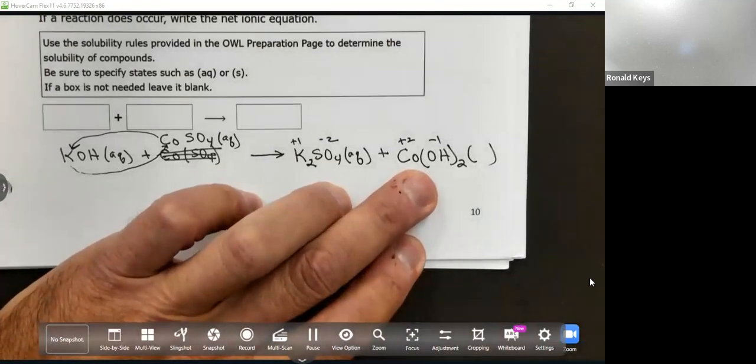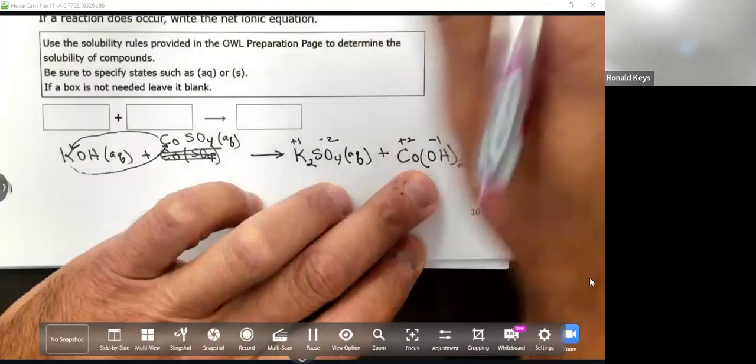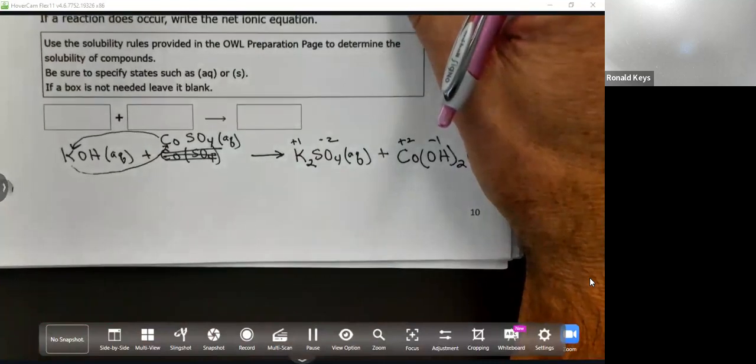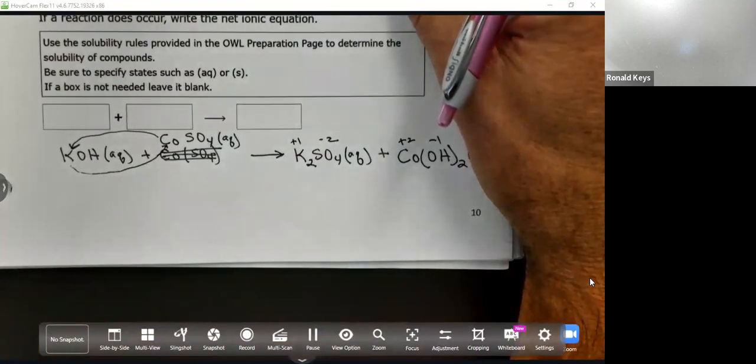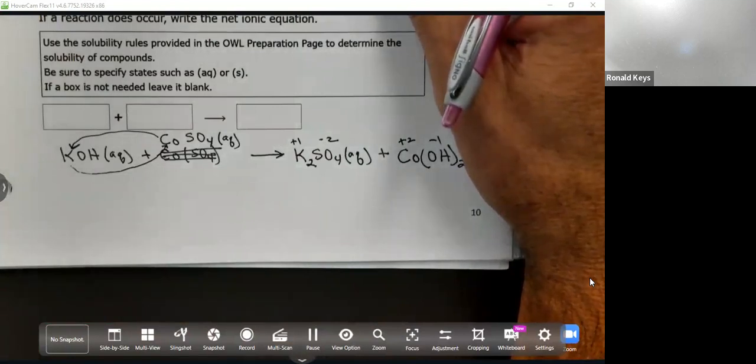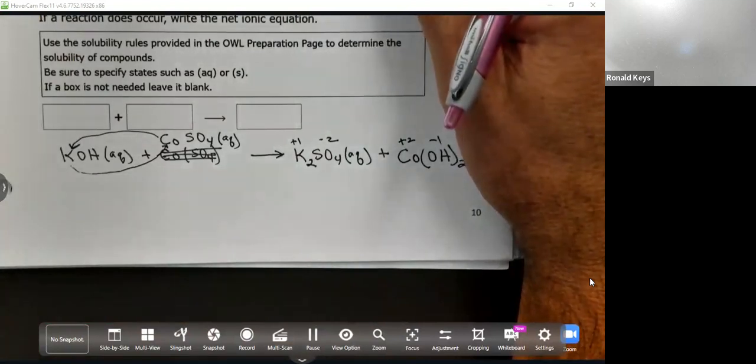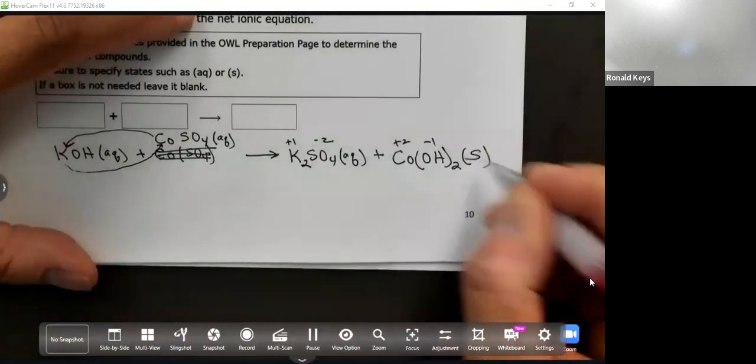Solid or aqueous for cobalt 2 hydroxide? You can look at the rules. You can look at your cheater grid. Cobalt 2 hydroxide, solid.